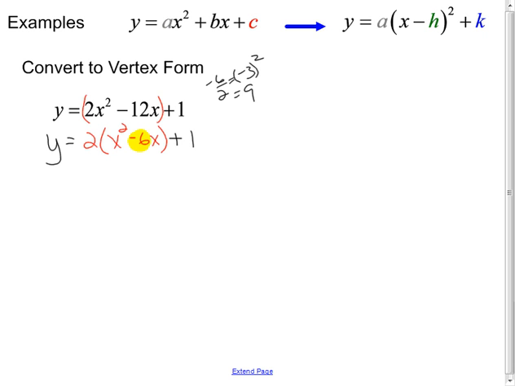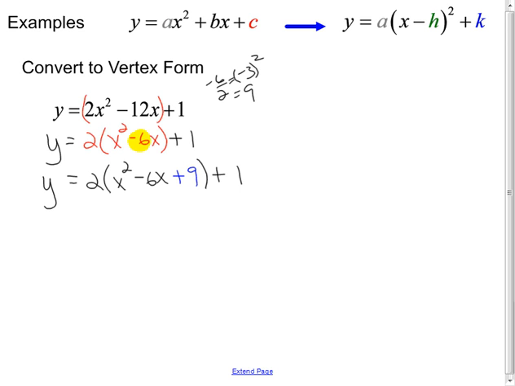It's a little tricky, actually. y equals 2 times x squared minus 6x plus 9, plus 1. Now if you see, I've added 9. But if you look carefully, I haven't really added 9. I've added 2 times 9, which is 18.